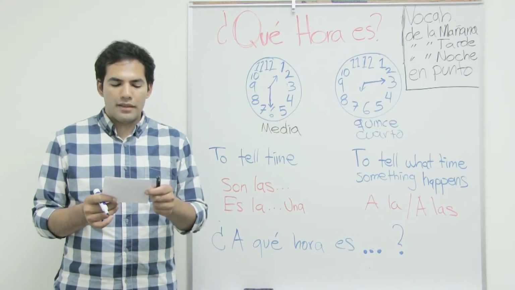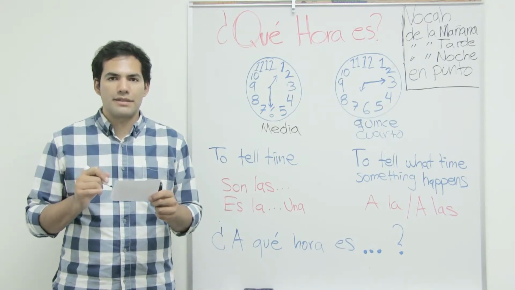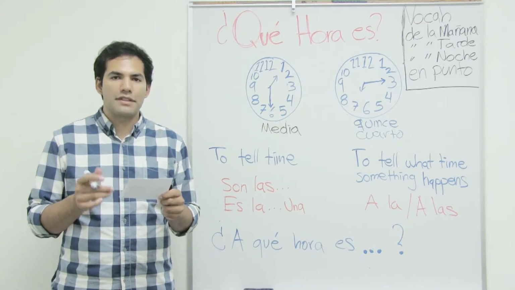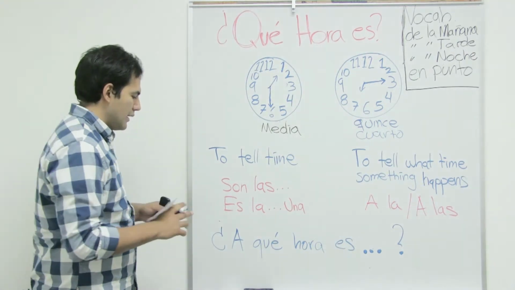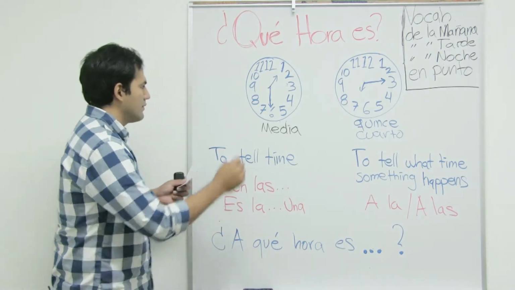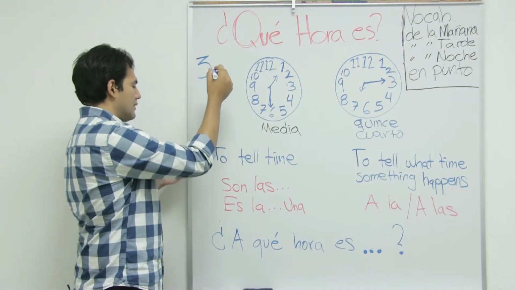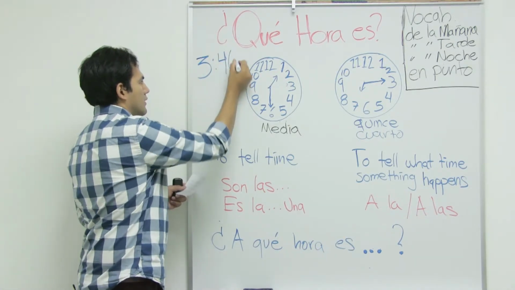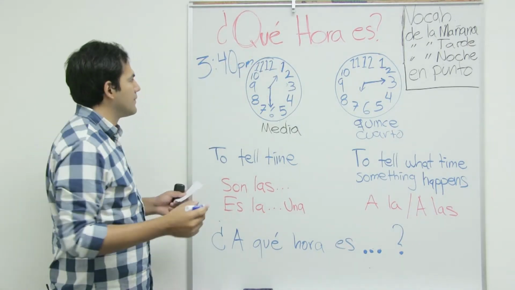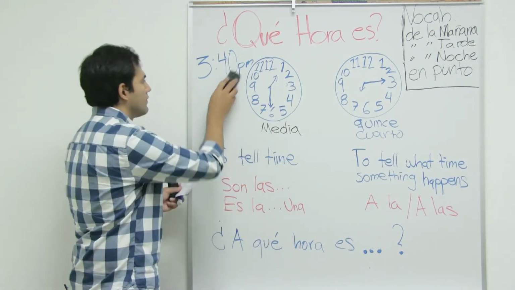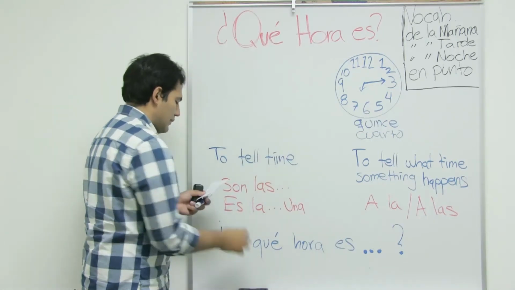Okay? So what you have to do is, now that you listened, you have to write in numbers the time that I just told you. And you have to decide if it's PM or AM. Okay? So let's review the first one. So the answer should have been 3:40 p.m. Okay? The next one.